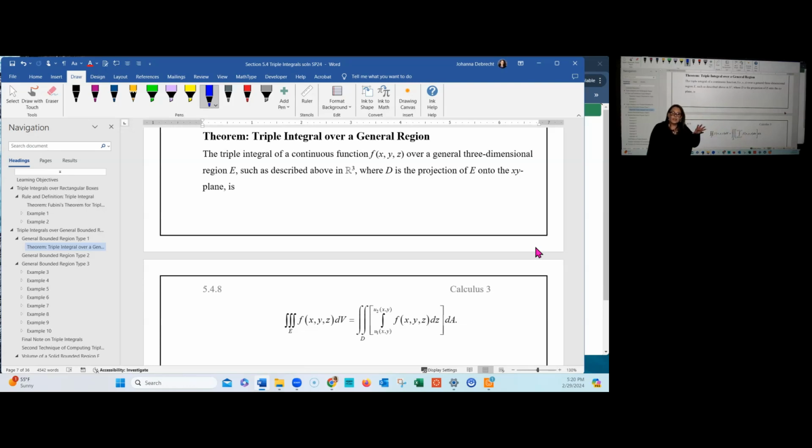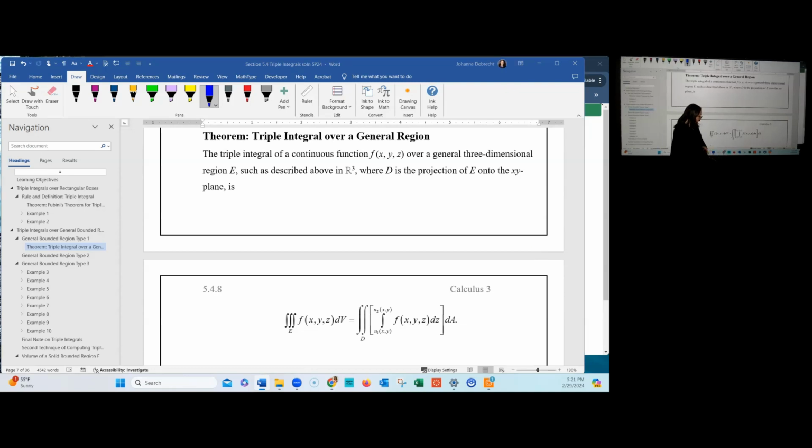So we're converting a triple integral into a double integral and a single integral. The single integral is done first because we work our way from the inside to the outside. And the inside single integral has the function f with respect to z, and it goes from the function u1 to the function u2.